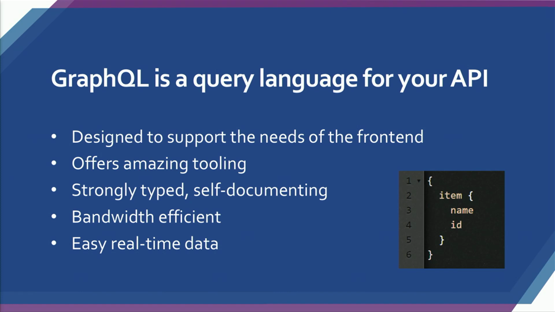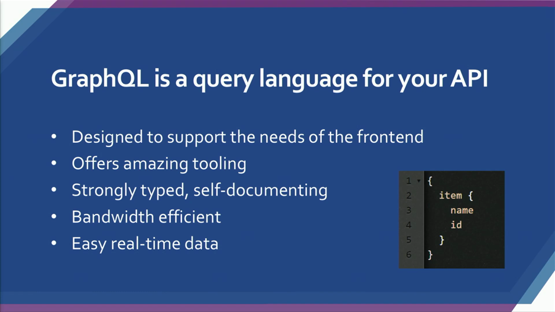You can use PWAs, you can use all sorts of other things, and it has really amazing, mind-blowingly amazing tooling. The APIs can self-document themselves because they're introspectable, so you can query a GraphQL API to get information about what's in the API.